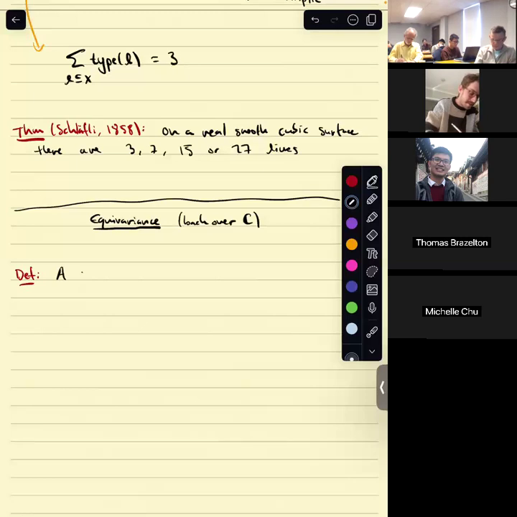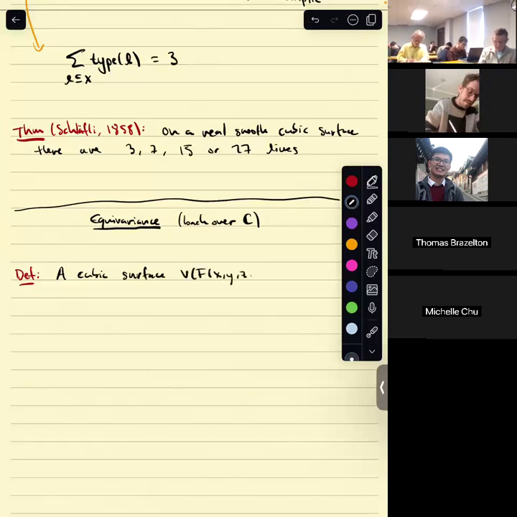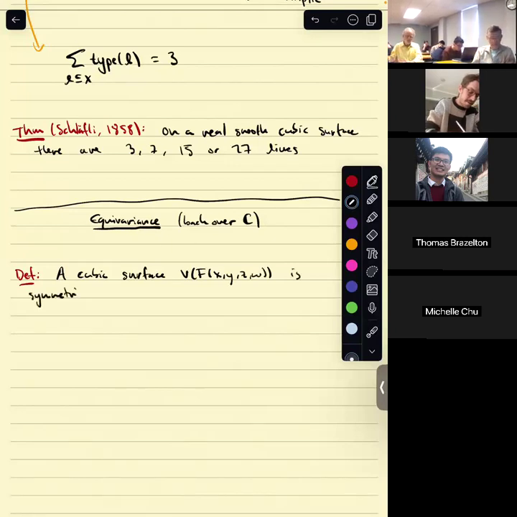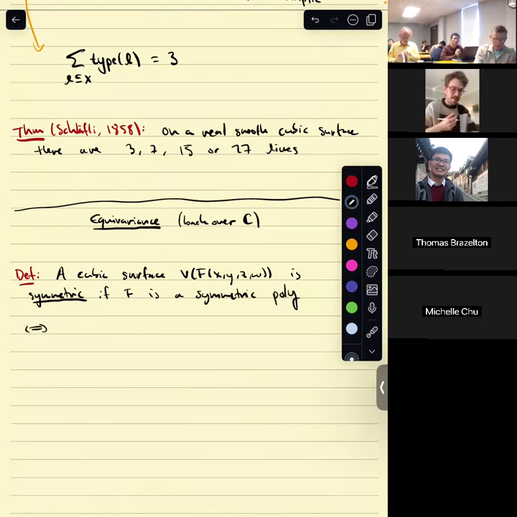So I'm going to say a cubic surface V(f) is symmetric if f is a symmetric polynomial. There's another way to talk about this. This is a reasonable definition, but I could also think about S4 acting on CP3, where this action is by permuting coordinates.